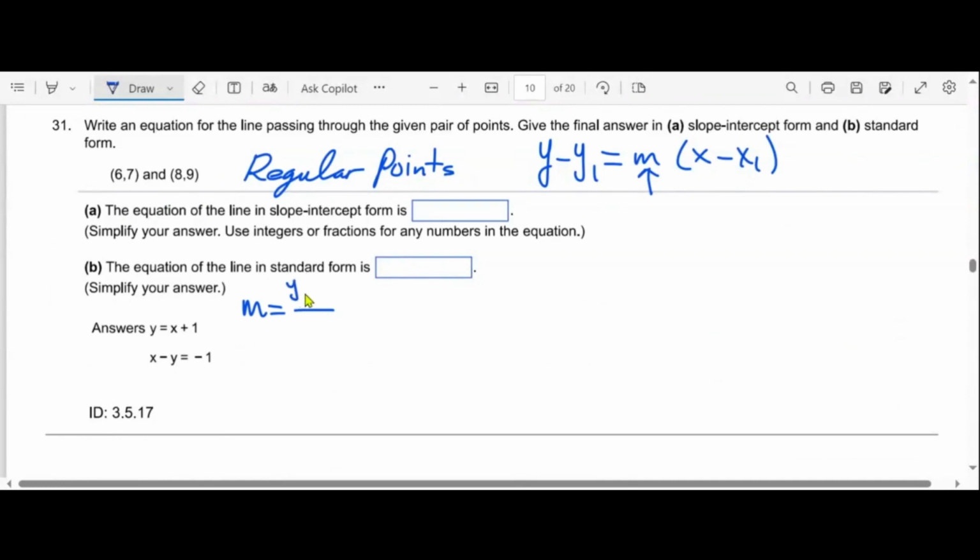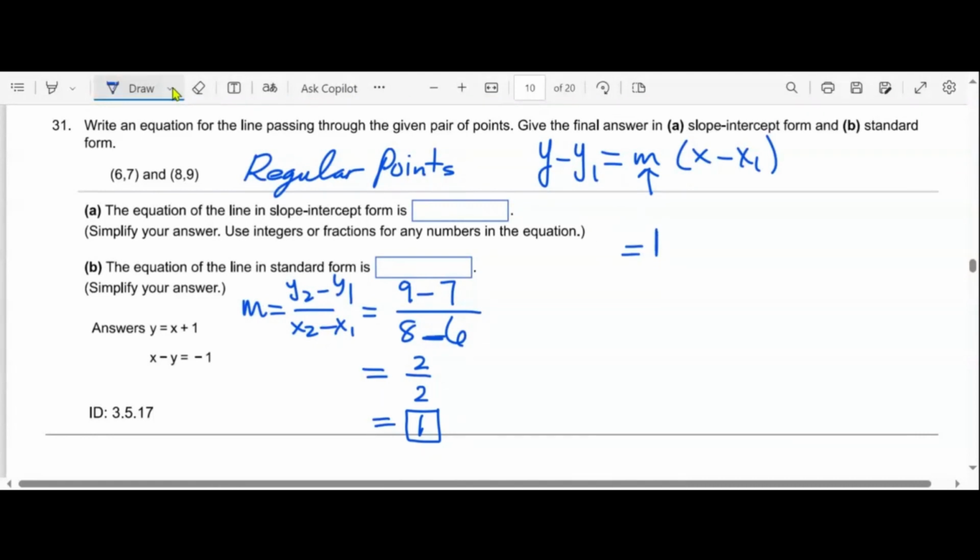How? y2 minus y1 over x2 minus x1. Exactly. So how much is y2? 9. y1? 7. x2? 8. x1? 6. And how much does this give you? 2 over 2, which is 1. So the slope here is 1.